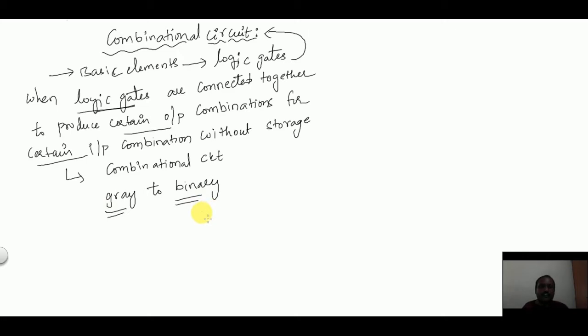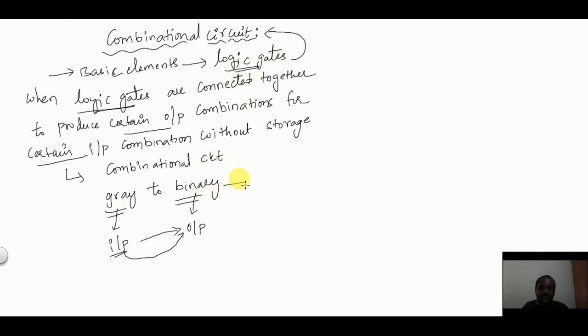If you want to design that circuit, that means if you give some gray code at the input side, then you should obtain the binary code at the output side. So for certain input combinations of gray code, the corresponding binary code must be obtained at the output side. This design is possible by using logic gates.